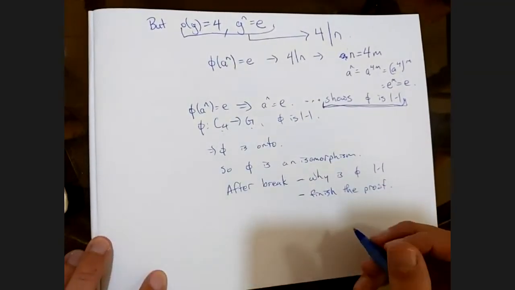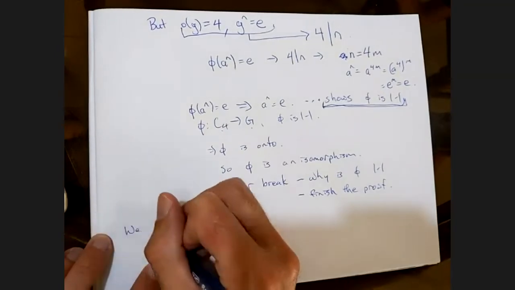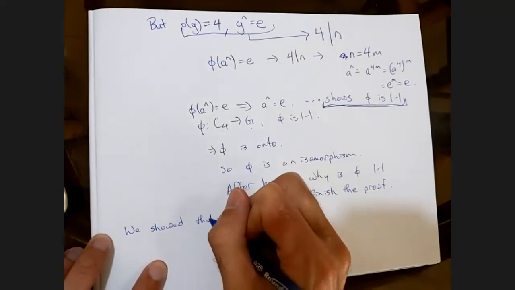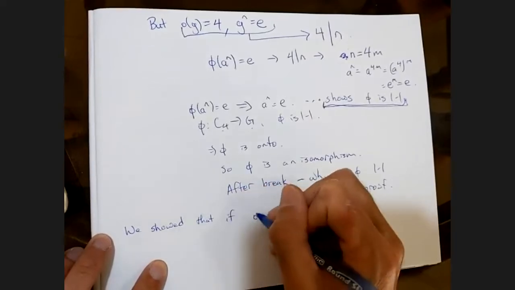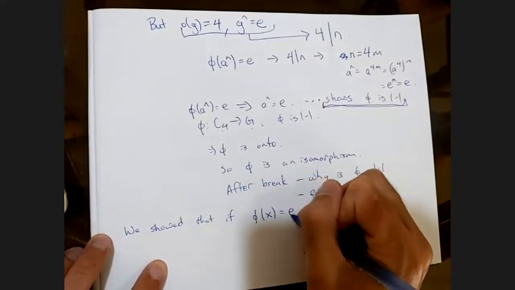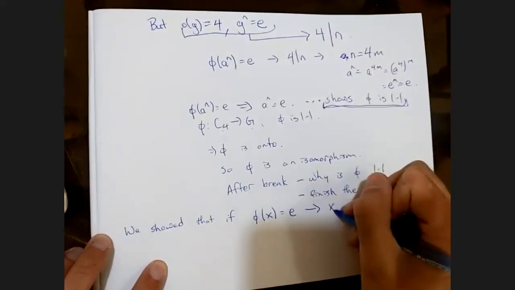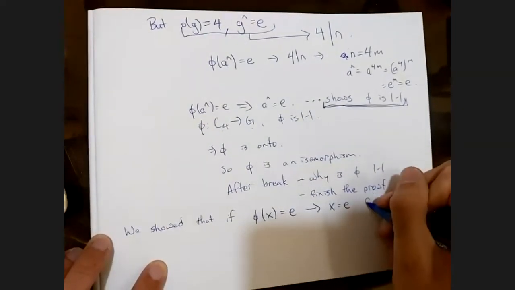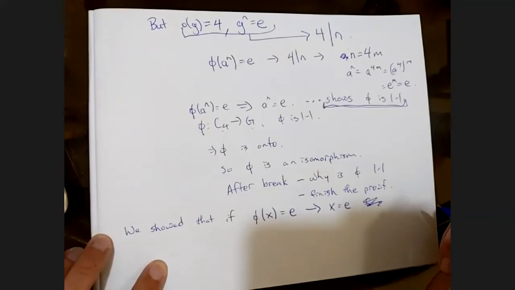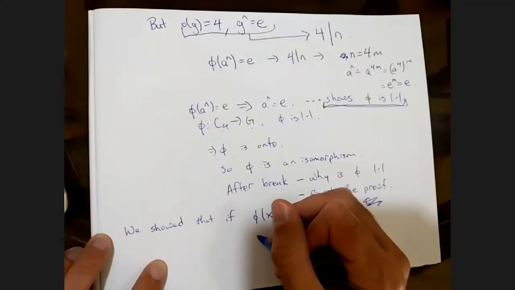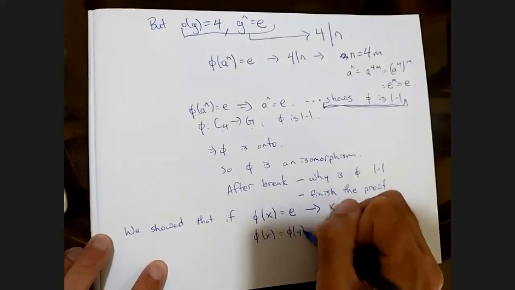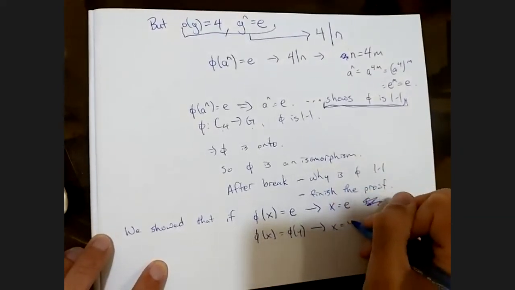Because what we did, we showed that if phi of x equals the identity, then x equals the identity. And what we should have really showed is that phi of x equals phi of y implies x equals y.